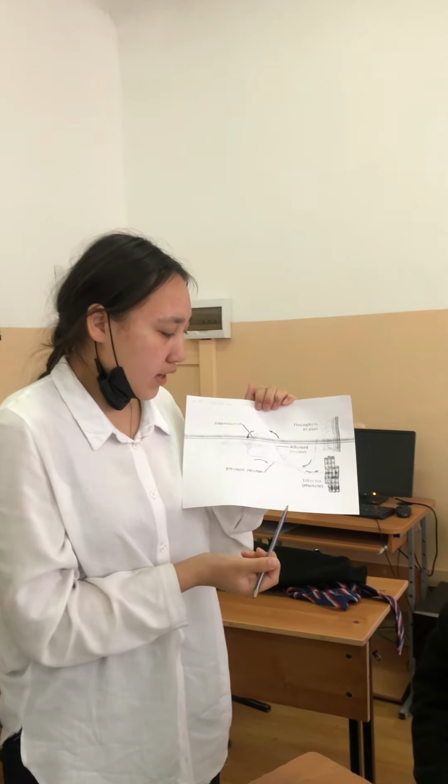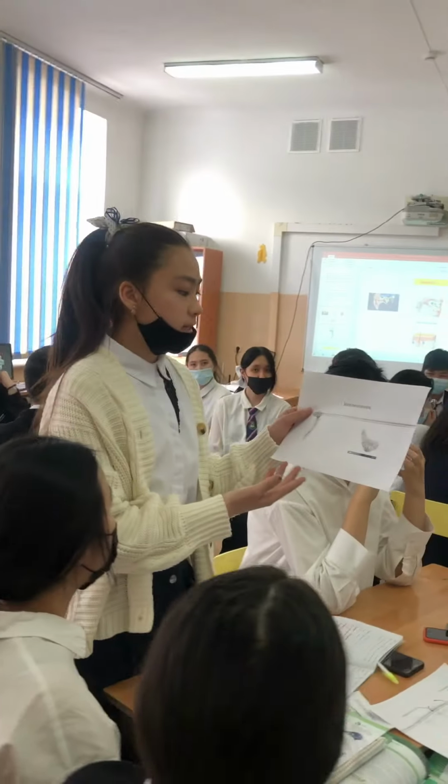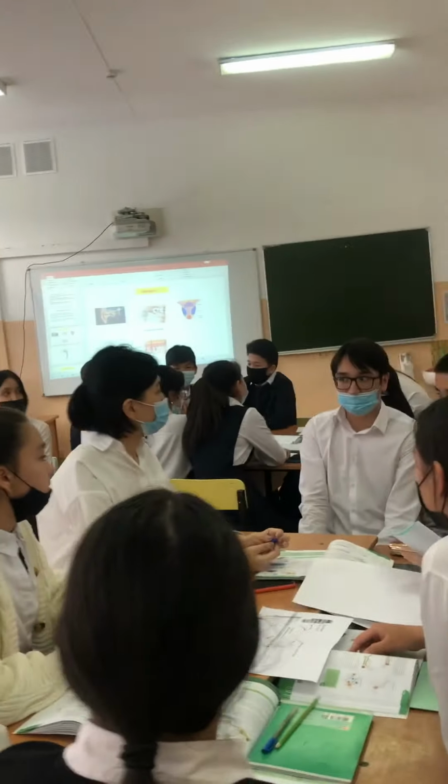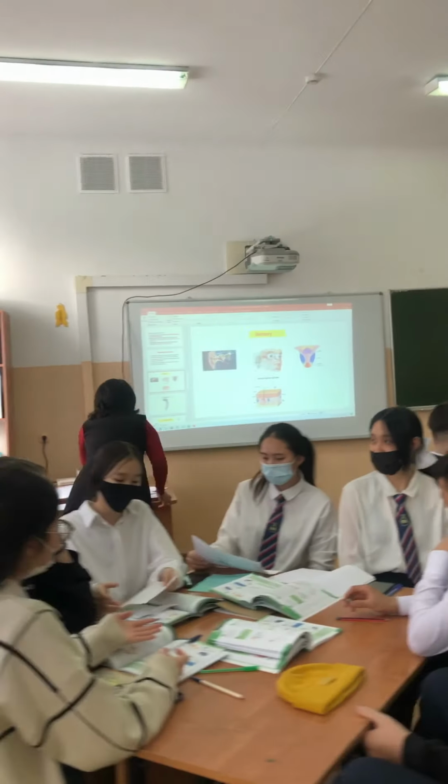Next. Motor neurons transmit signals from an intermediate neuron. The muscles are tensed. Motor neurons transmit nerve impulses from the central nervous system to peripheral organs. Okay, brilliant. Good job. Next.